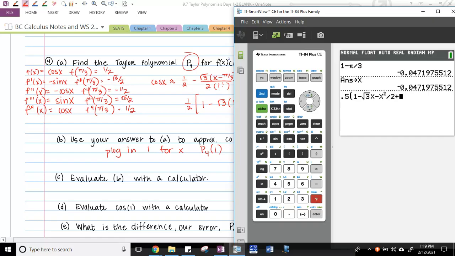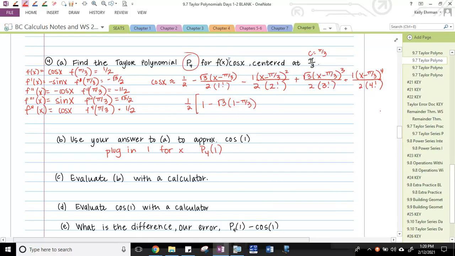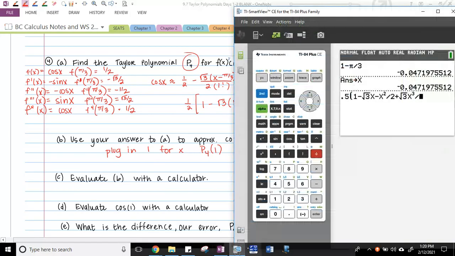Okay, and then it's plus square root of 3 times x to the 3rd. Remember, x is this number stored here, so that's why I'm writing x's. Divided by, what's that term? That's got a 3 factorial. 3 factorial is just 6, so I'm just going to get 6. Plus x to the 4th. It understands x to be in parentheses, by the way, so when I raise it to the 4th, that'll be positive. Divided by 4 factorial is 24.